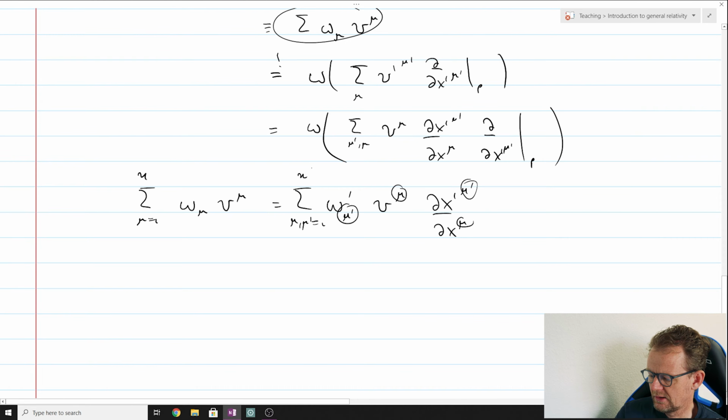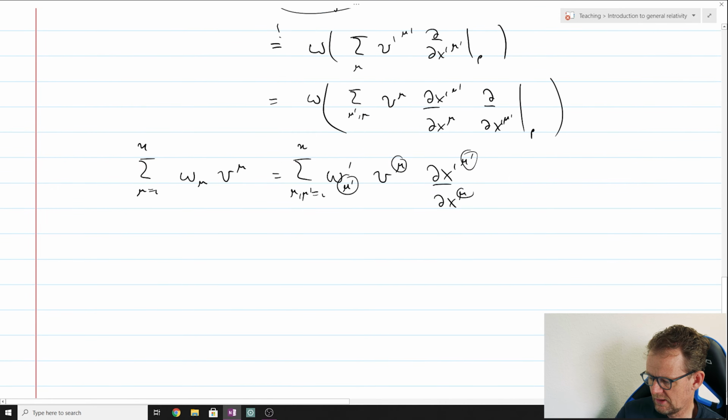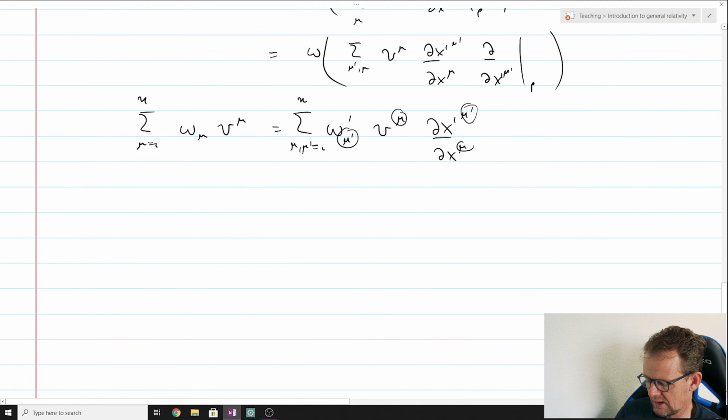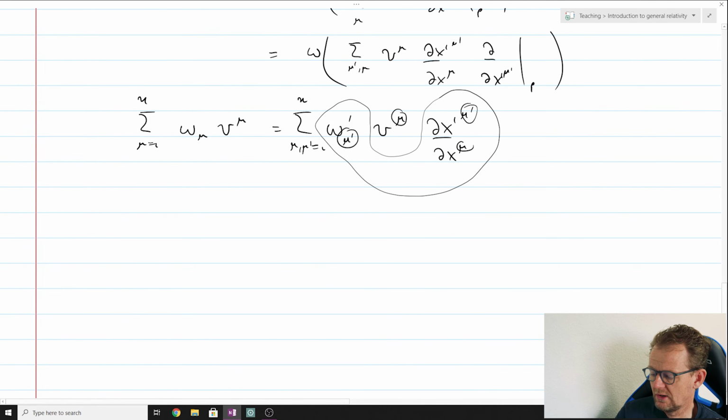So we learn that the components of the dual vector omega with respect to the new basis can be obtained by inverting this Jacobian matrix here. We got that omega_mu, and this is true for all v^mu, is equal to the sum, and I'm not even going to write the summations anymore.